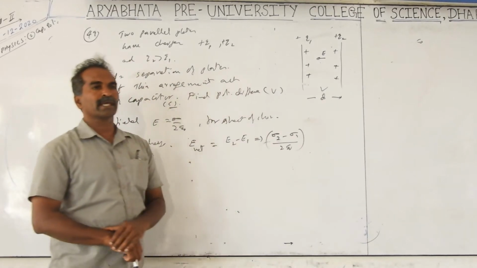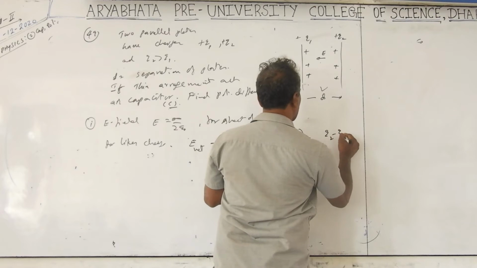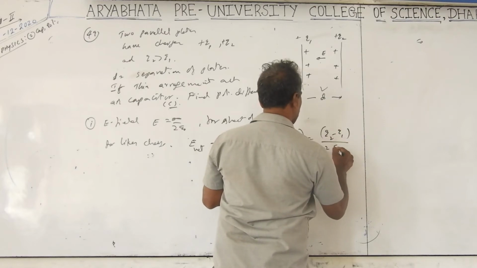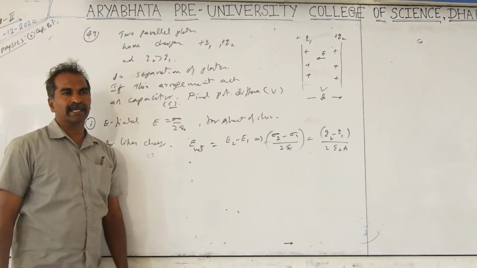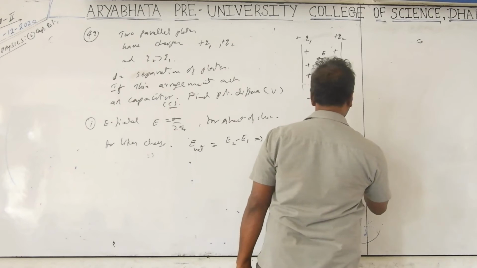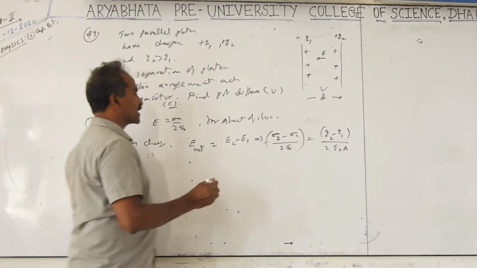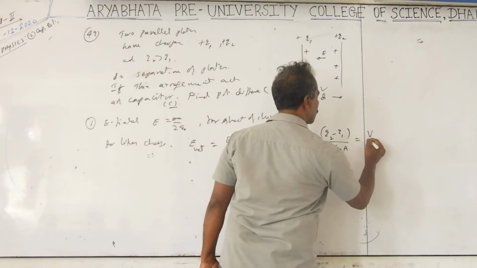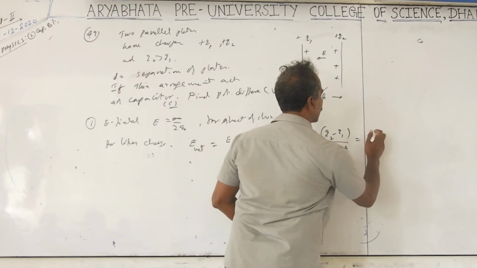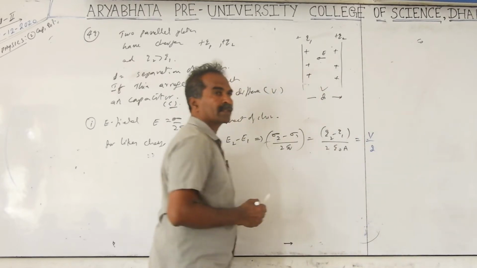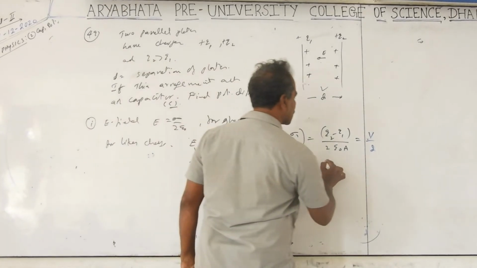Sigma is equal to Q by A. So we can write this further as Q2 minus Q1 by 2 epsilon naught A. E is equal to V by D. That is the resultant electric field, which is also equal to V by D. We are asked to find the expression for V from this. What is required for us is the last step only.